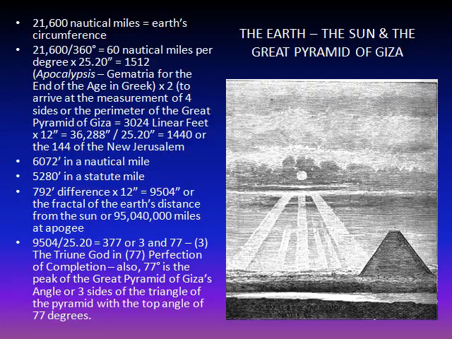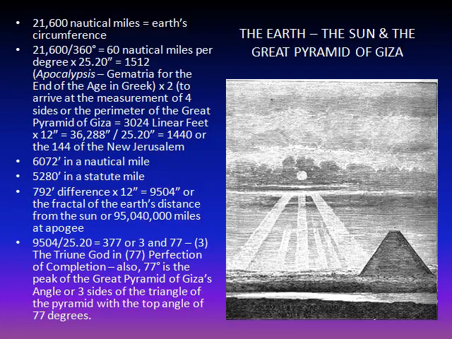Now, 6,072 linear feet is equal to 1 nautical mile, and 5,280 linear feet is equal to 1 statute mile. The difference between these two figures, 6072 minus 5280, is equal to 792 linear feet.